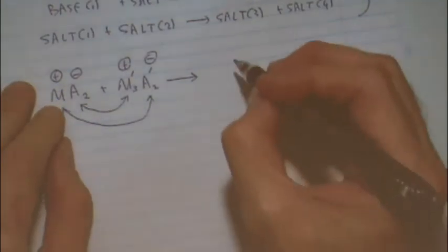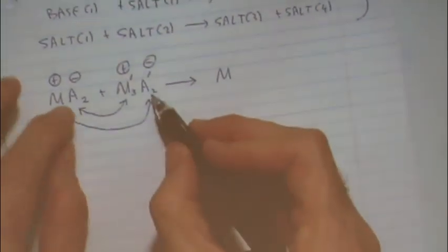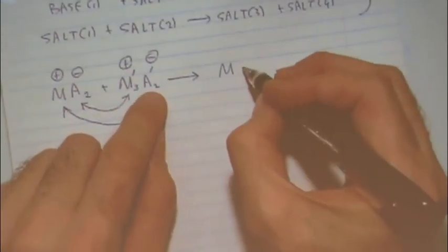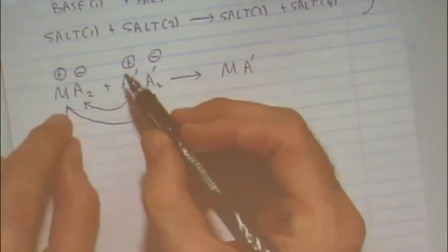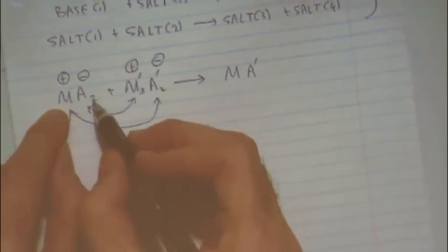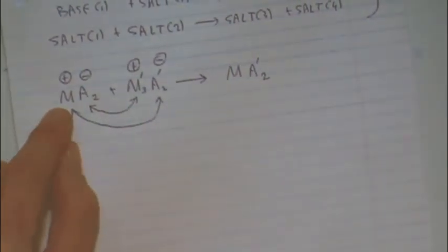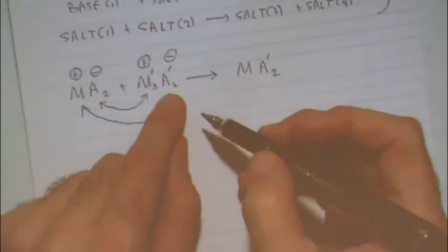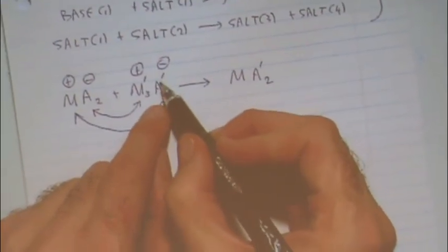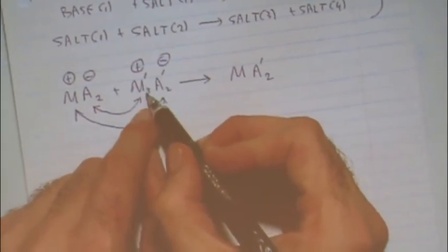So, this M now will go with this A prime, and because this metal gives you 2 there, that means it's going to have a 2 here, right? And with this A prime, because you see 3 there, that means it will be 3 there. Is that true?